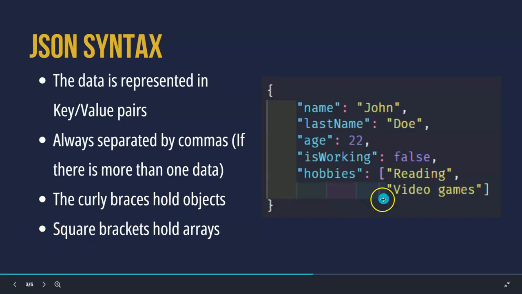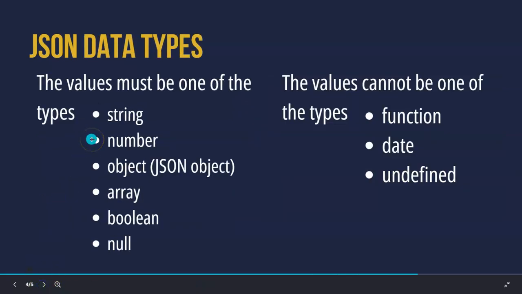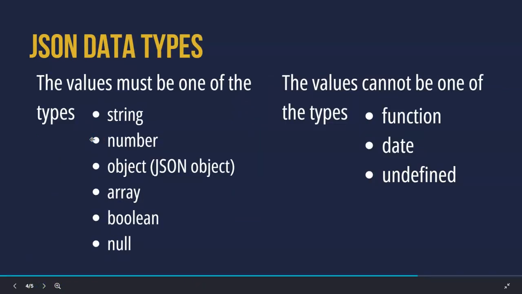And as I mentioned, the square brackets hold the arrays and the curly braces hold the objects. So in JSON, the values can have different data types. The types that are held in JSON values are strings, which have to be enclosed in double quotes.